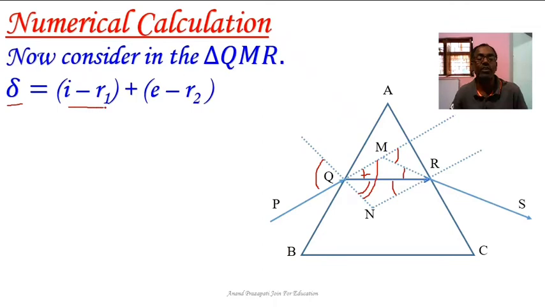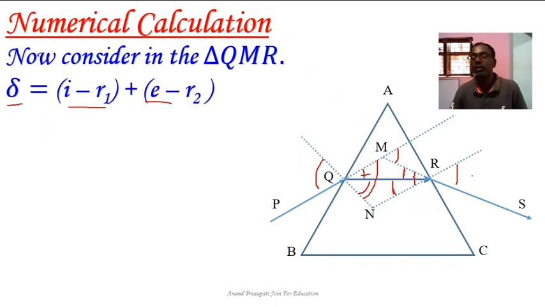This one I minus R1. Similarly, vertically opposite angle, this one and this one will be same. So this is the E, this is the E and this is the R2. Therefore, this one will be E minus R2.